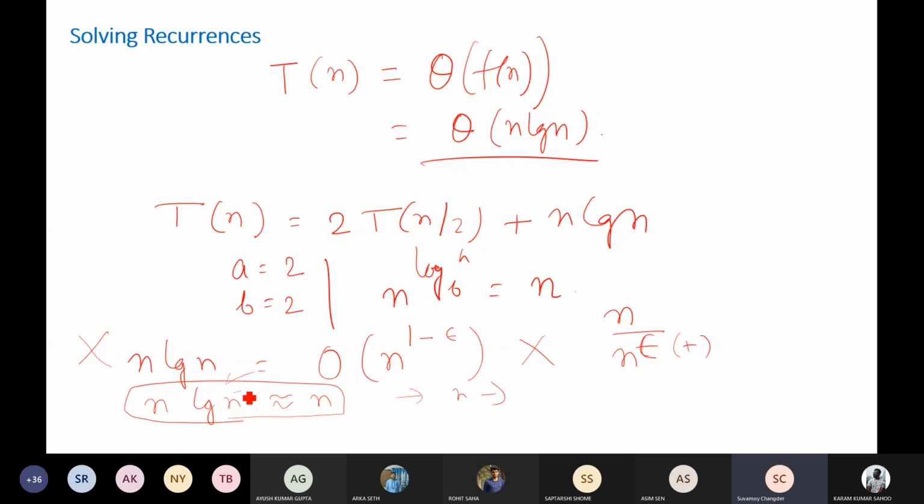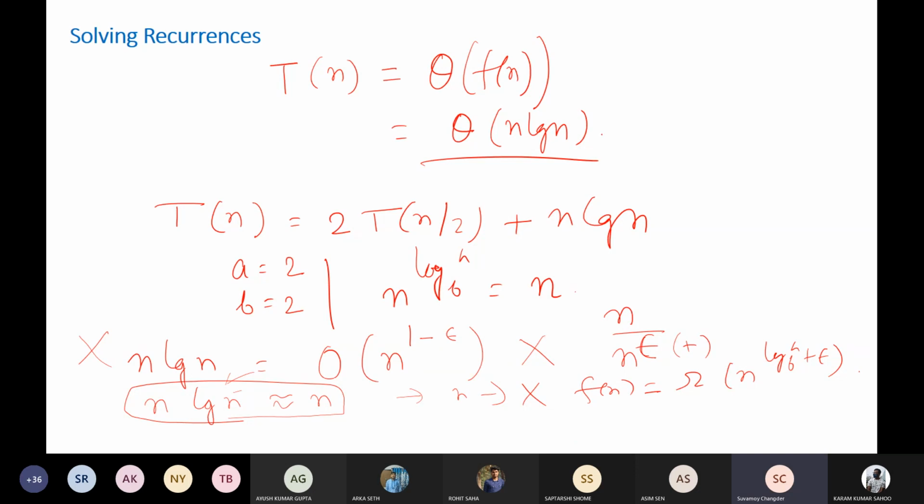Log n is 1 for 2, 2 for 4, then for 8 it is 3, so it will go on increasing. Therefore, case 2 cannot be applied either, because this is not equal to theta of f of n. Now let us check for the third case. f of n is equal to omega of n to the power log a base b plus epsilon or not.